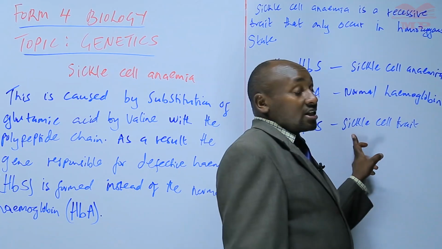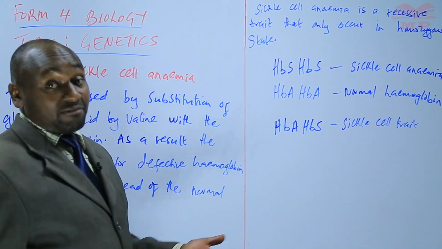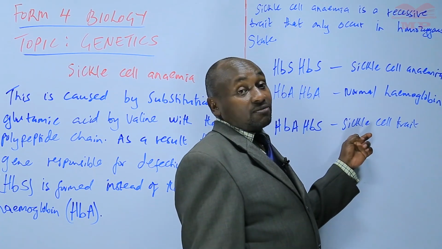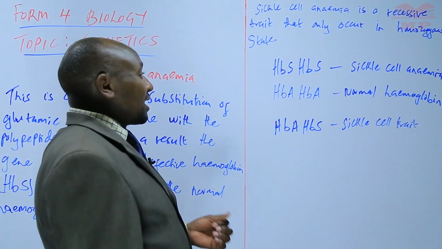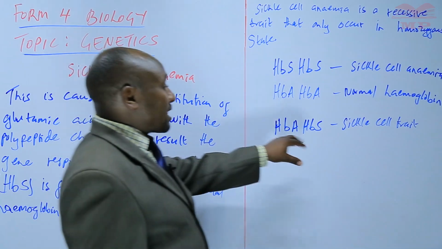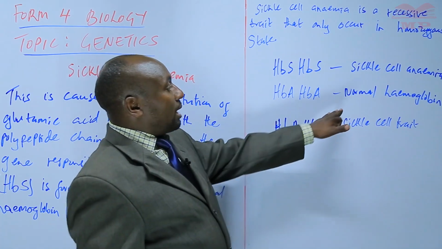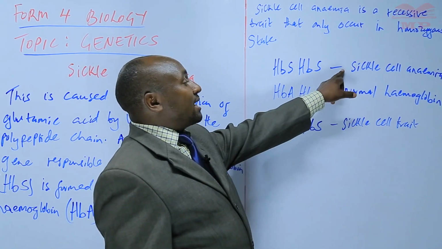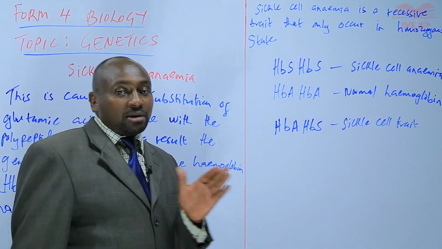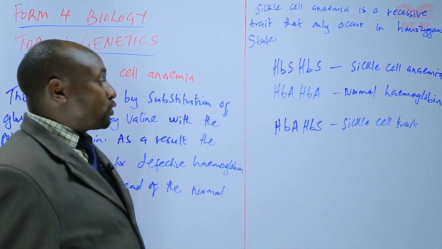Then sickle cell trait is a condition in between the normal and the sickle cell, whereby less than half of the red blood cells are defective or sickle shaped.